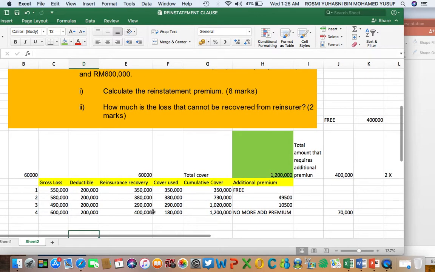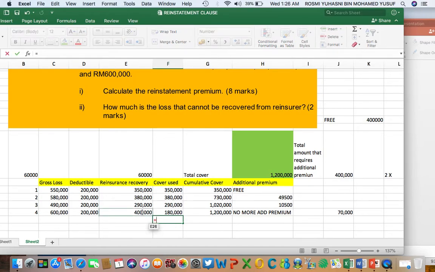So to answer the question here, how much is the loss that cannot be recovered from the reinsurer? It lies here. So the amount not recovered from the reinsurer is 400,000 minus 180, that's going to be 220,000. So this is the amount not recovered from the reinsurer.